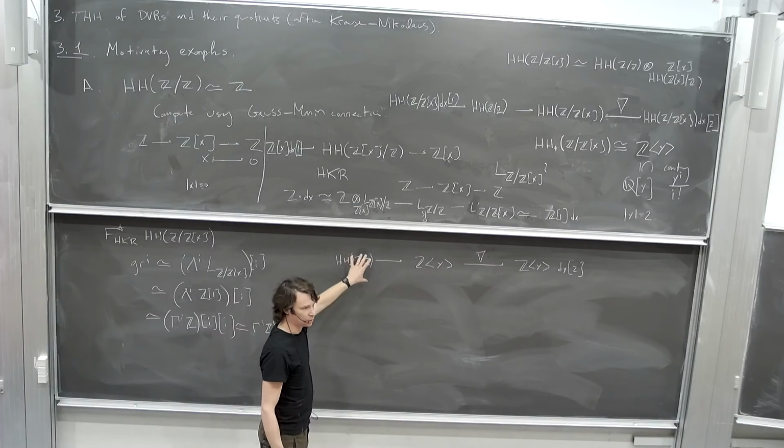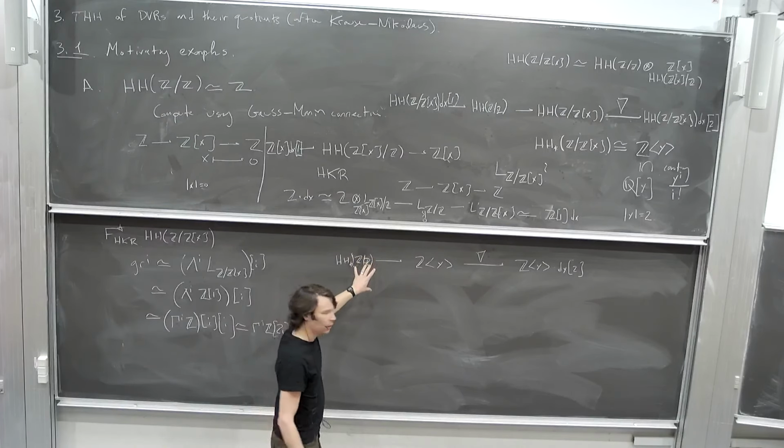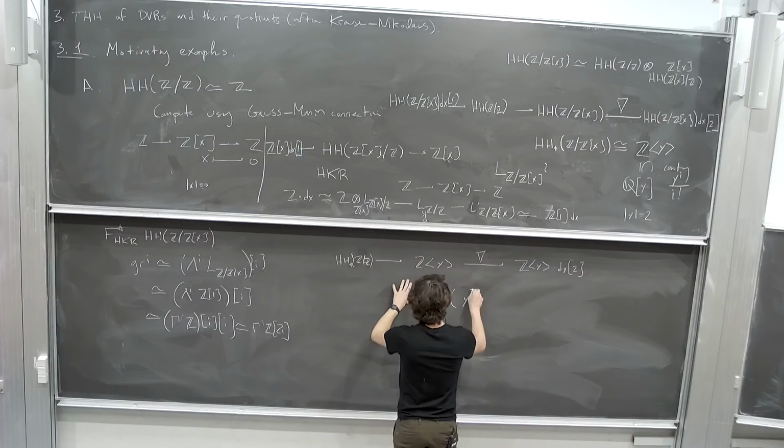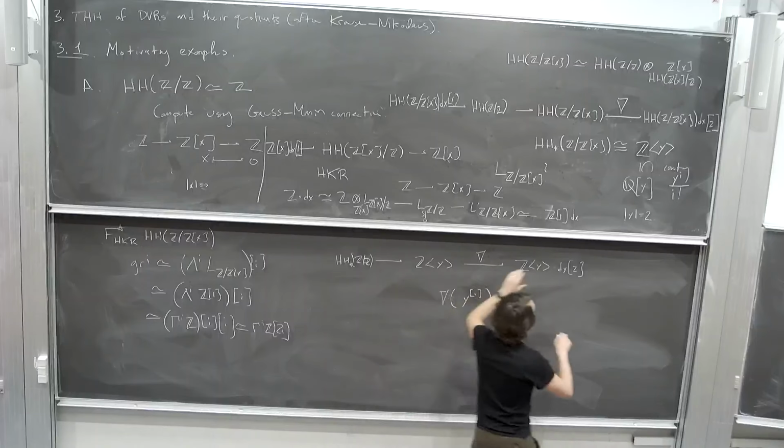We know this is Z in degree 0, okay? And so what has to happen here is that this nabla of a divided power y^i, maybe I'll introduce that notation here.